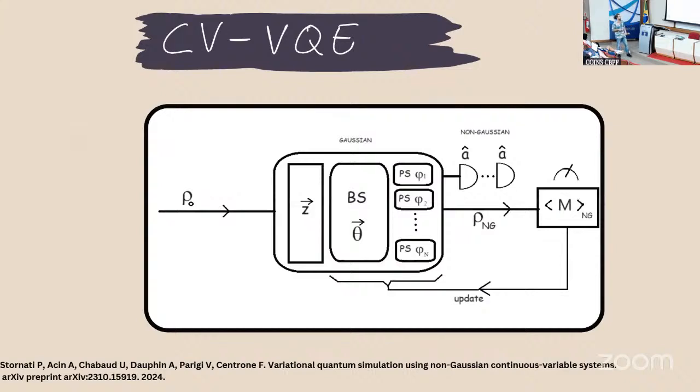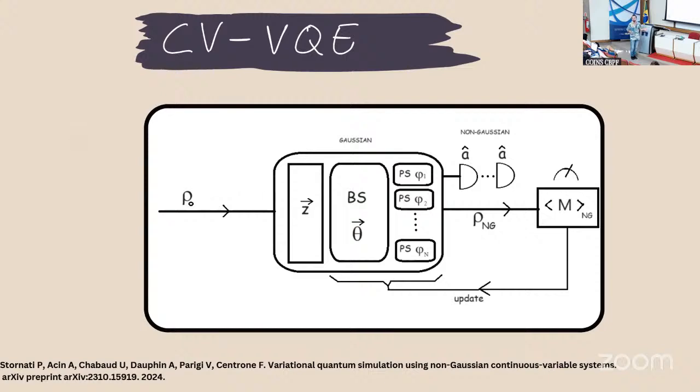So we have a variational quantum eigensolver. We have basically a part that we can optimize that is only composed of Gaussian operations, that is parameterized in a way that we can easily optimize in an experimental setting. We have some non-Gaussian operations. Then we measure the quadrature of the system, which can be directly mapped in the original.